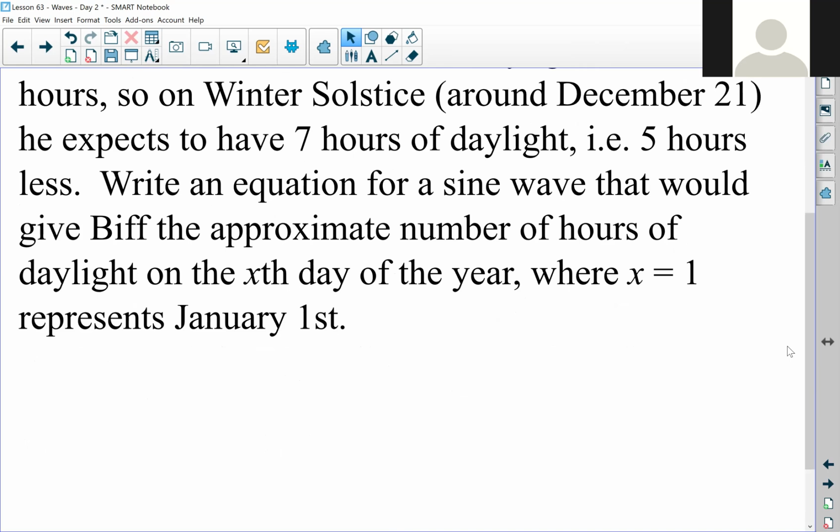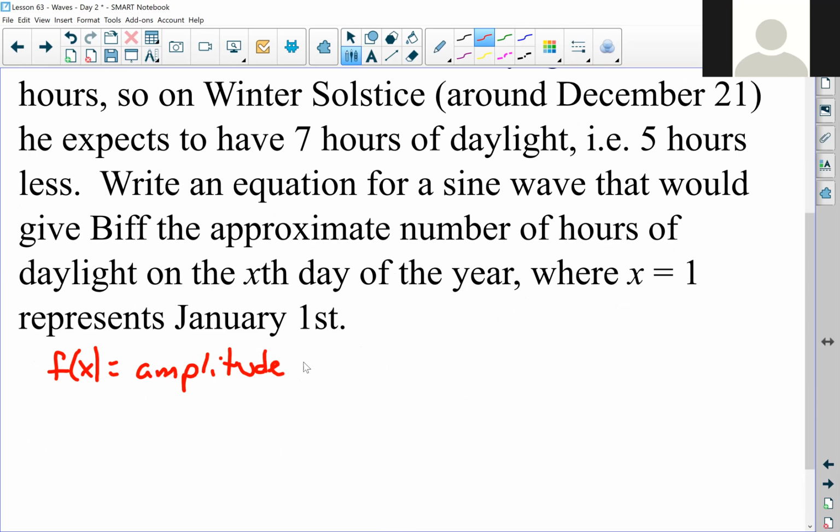So in order to write our equation, just a reminder from yesterday, our equation is going to be the amplitude times sine of the frequency times the quantity x minus the phase shift plus the bias.